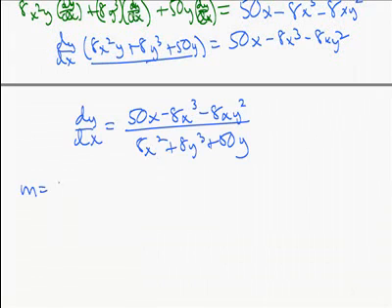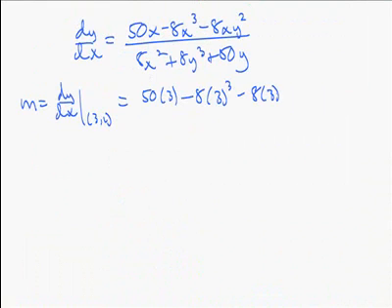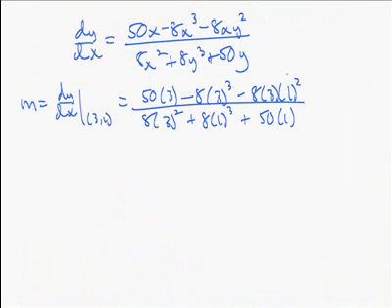So our slope of the line tangent is going to be dy/dx evaluated at our point (3, 1), which is going to be 50 times 3 minus 8 times 3 cubed minus 8 times 3 times 1 squared, all divided by 8 times 3 squared times 1 plus 8 times 1 cubed minus 50 times 1.